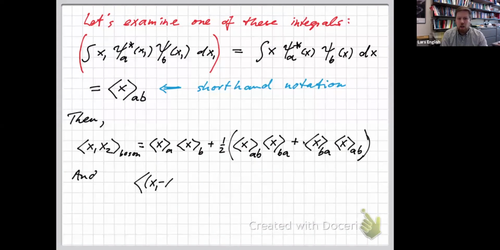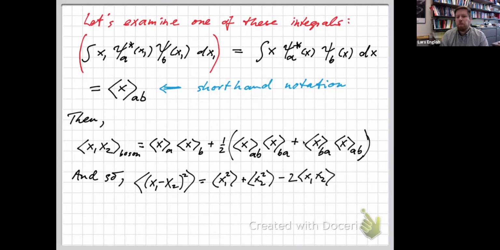And so I can also write it as, well, okay, so I could also write this as simply twice this, but we weren't really in the end interested in the expectation value of x1 times x2. We were interested in the entire thing, of which this is only one part.